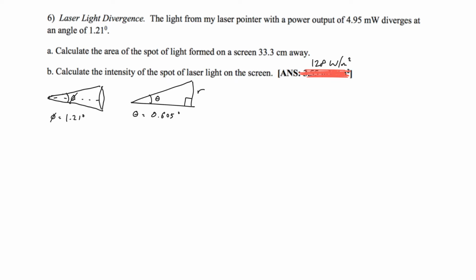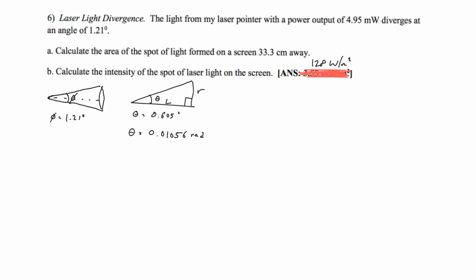And then we have the radius of that bright spot. And then we also have what we might call L, which is the distance from the laser pointer to some screen. And so here we can apply the small angle approximation again. So if we convert 0.605 degrees to radians, we know theta is 0.01056 radians.